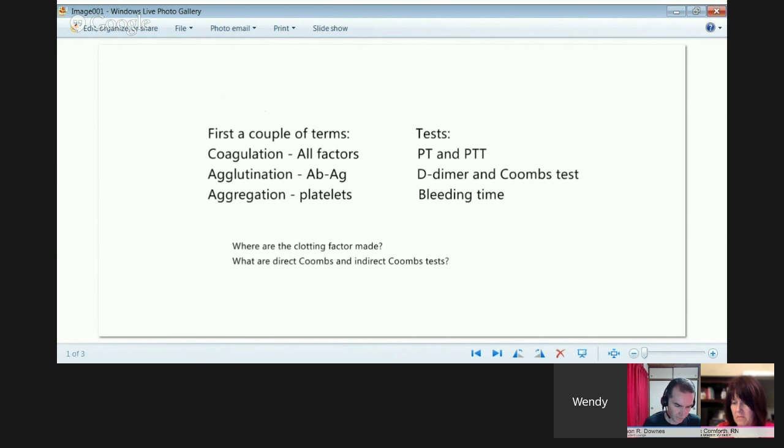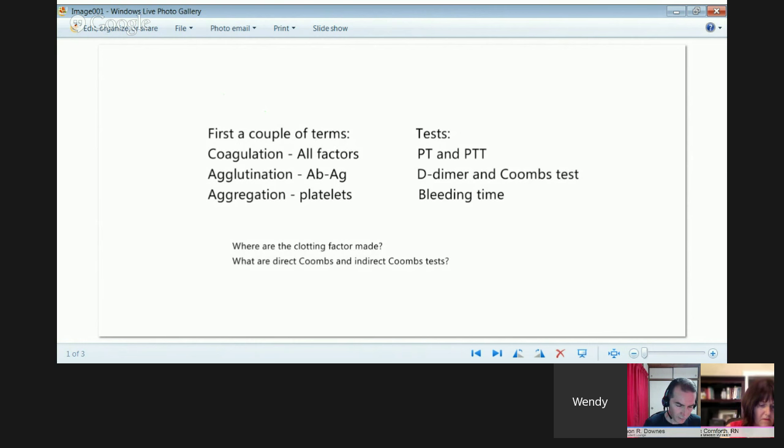Basically they take the red blood cells and wash them off, so there's nothing else there, then add an antibody and see if that antibody attaches to the red blood cell. And if it attaches, then the other red blood cells will stick to each other. Does that make sense?